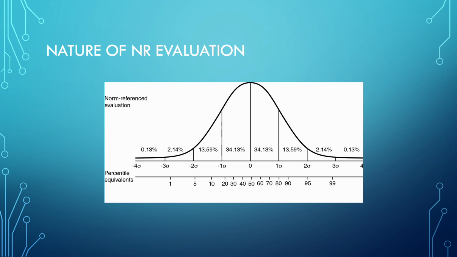If you look on the percentiles on the left-hand side, we can see that at negative 2 standard deviations, from there to the left only contains 5% of the data, and so on. So again, that norm-referenced, we have a large database that is then normalized and then converted to this normal distribution.